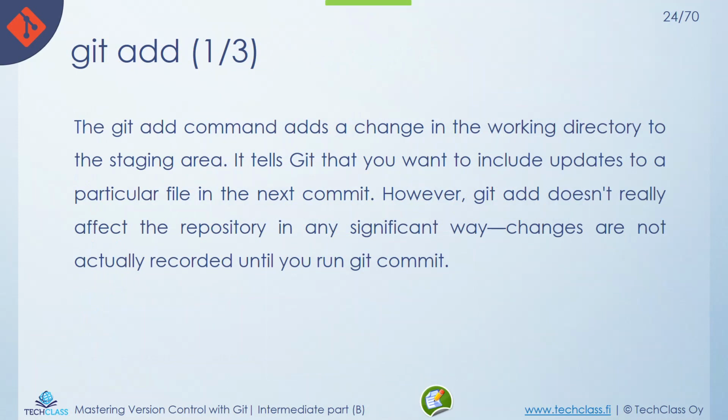Alright, when we modify some files and make some changes, we can store those changes in the working directory by using git add. It's a way of telling Git how to include these updates to those particular files for the next commit, and later push them to the repository.